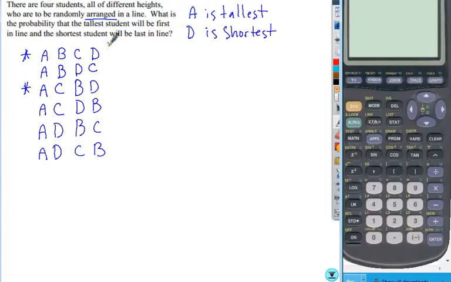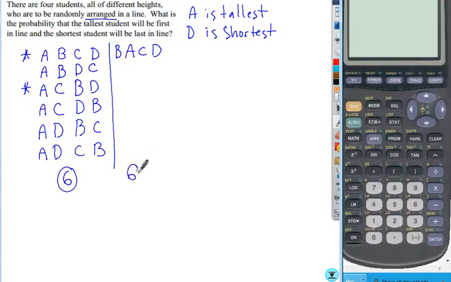Because now, if I'm looking at the rest of my outcomes, let's imagine student B was first. Well, if student B was first, then I could have B, A, C, D. And if I followed this same system, I'll have the same number of arrangements. We had 6 arrangements here.